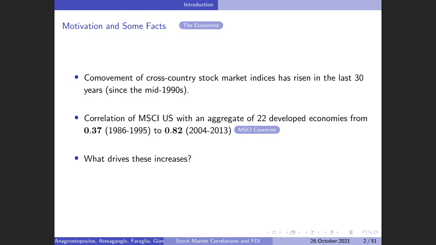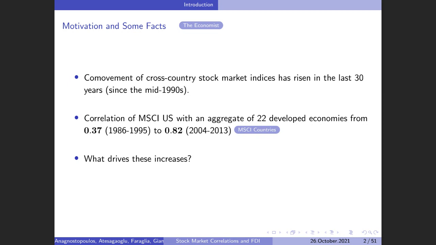So the MSCI countries are like the usual suspects: US, Canada on that side. On the other side, we have Japan, Australia, New Zealand. Then we have European economies like UK, Germany, France, and Netherlands, and so on and so forth. I think we have Israel, and so on. 23 countries like that.